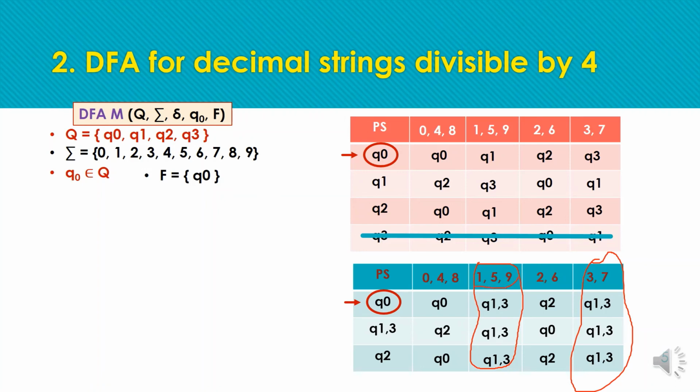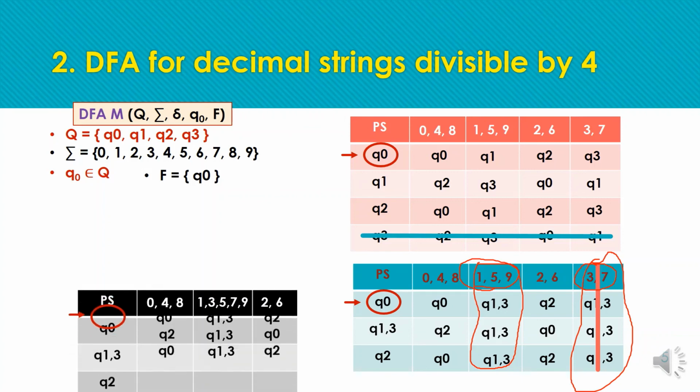So as for this input set and for this input set we are having the same transitions, we can keep one column, or we can merge these input sets into one input set. So we can cancel out one of these columns, as both the columns are similar.